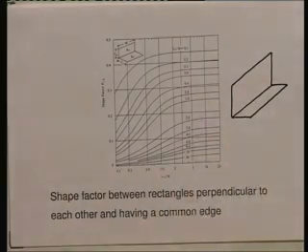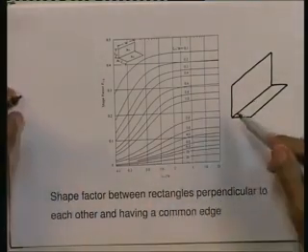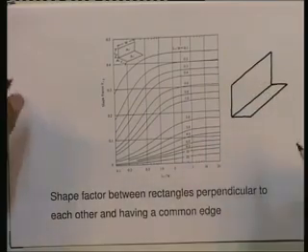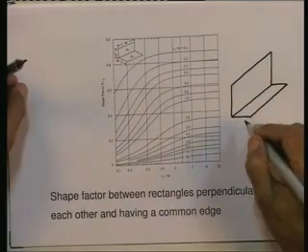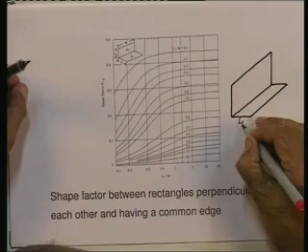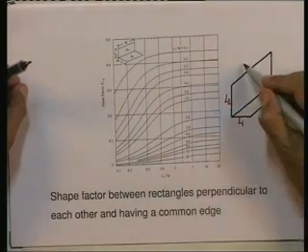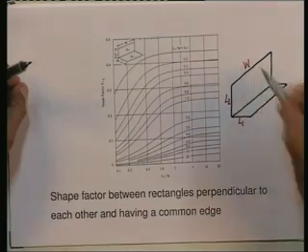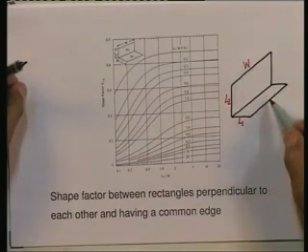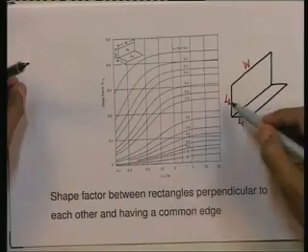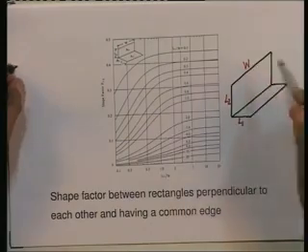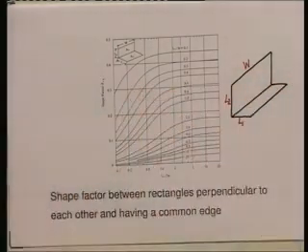They have a common edge and they are perpendicular to each other, and the dimensions are L1, L2 and W. So, one of the rectangles is L1 into W, the other one is L2 into W, and they are at right angles to each other.